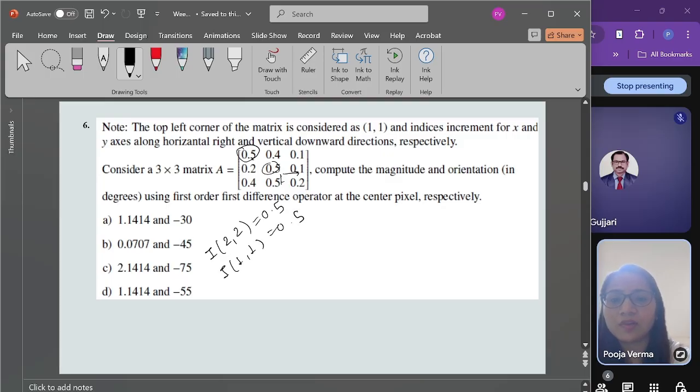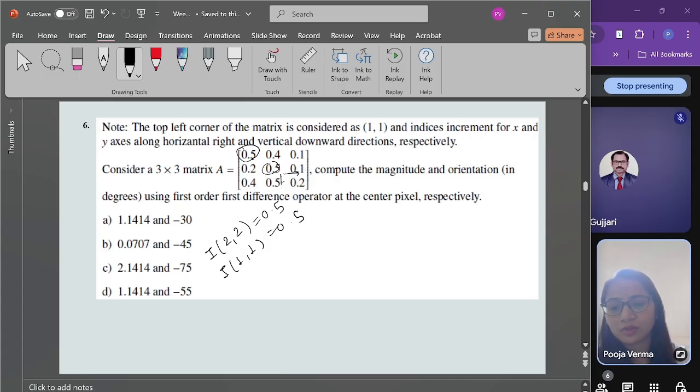So we have already solved this question number 1. We have already computed the first order difference equation. Again, we can calculate it again, but here they have asked for the magnitude and orientation, or you can say the angle. Before that, we had only calculated the gradient difference, that is the first order difference.